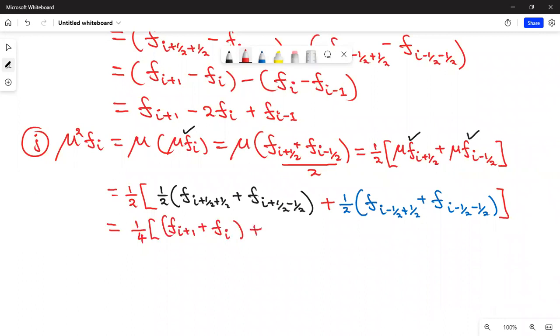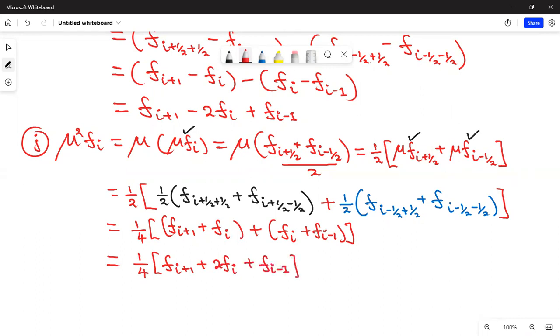Then the other one is f of i plus f of i minus 1. And so this should now give us 1 over 4 times f of i plus 1 plus 2fi plus f of i minus 1. So that's what we have as the value of mu squared operating on fi.